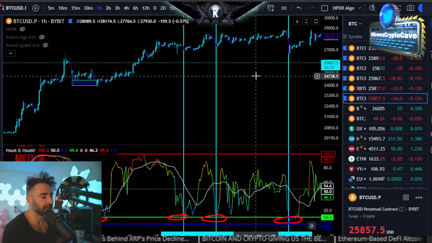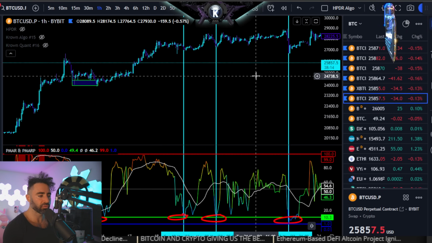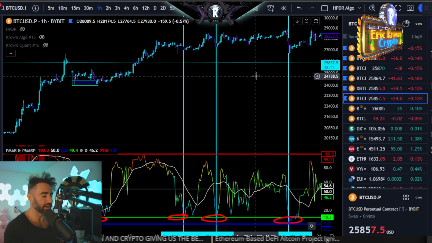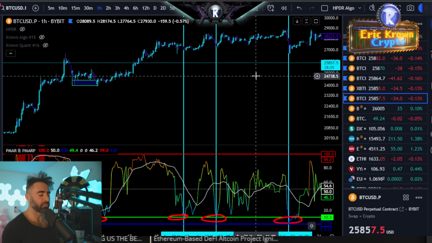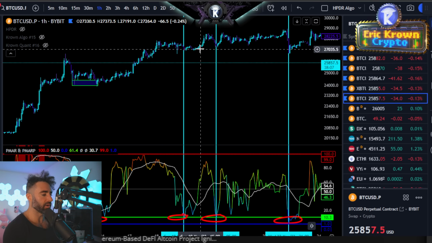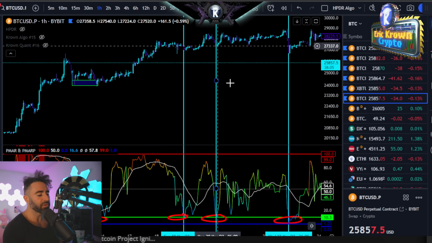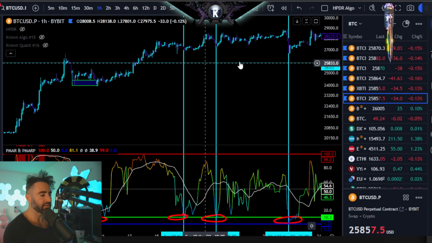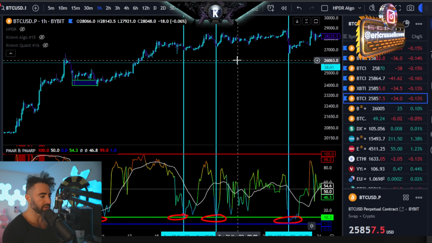And you'll notice that these are all pretty good areas for getting into a position before a nice short-term upside move. But what you'll notice here as well is that this price action is in March of this year, 2023.